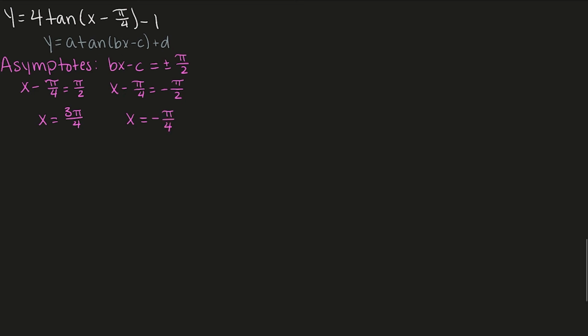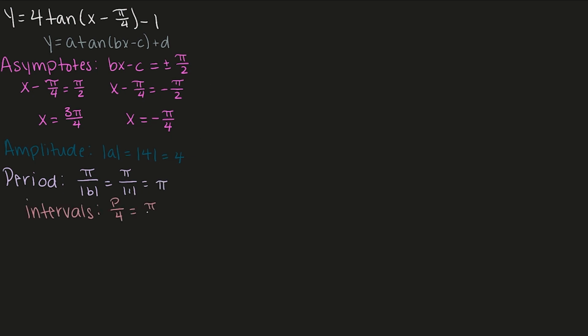Our amplitude is the absolute value of 4, which is 4. And our period is pi over the absolute value of 1, which is pi. This means our intervals will be our period divided by 4, which is pi over 4. Last, our vertical shift is d equals -1.